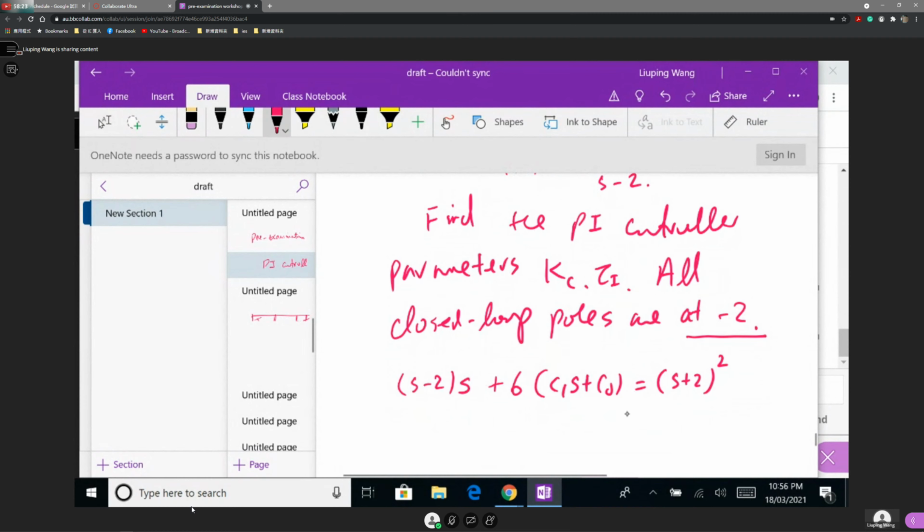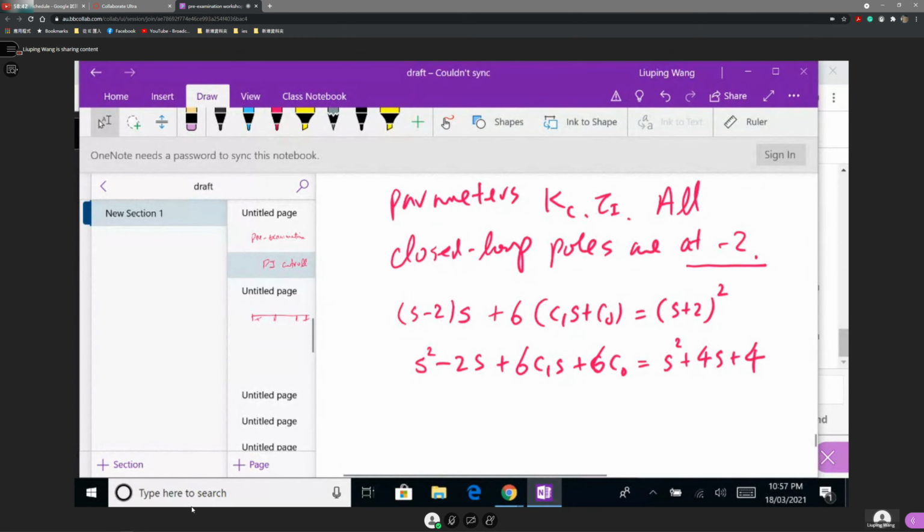My left hand side is going to be s squared minus 2s plus 6 C1 s plus 6 C0, equal to s squared plus 4s plus 4.